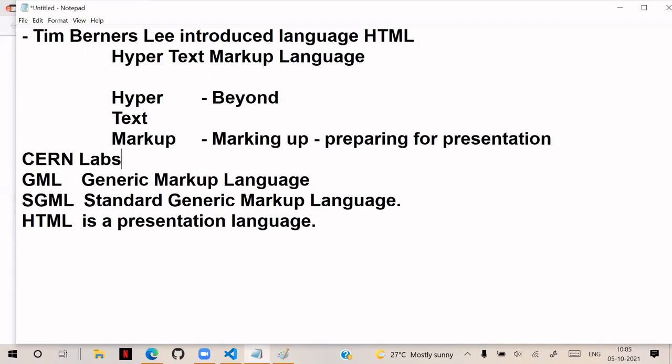Tim Berners-Lee also worked in CERN labs. Many great people worked in CERN labs, like Dennis Ritchie, Ken Thompson. Dennis Ritchie, you know, was responsible for the language C, right? Dennis Ritchie, Ken Thompson, even Steve Jobs and Bill Gates.